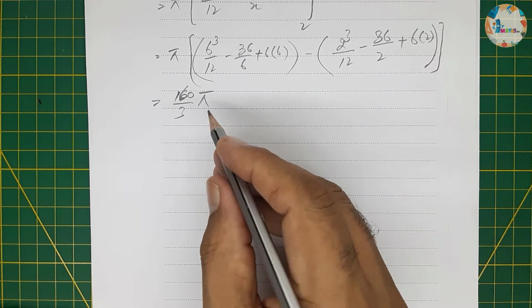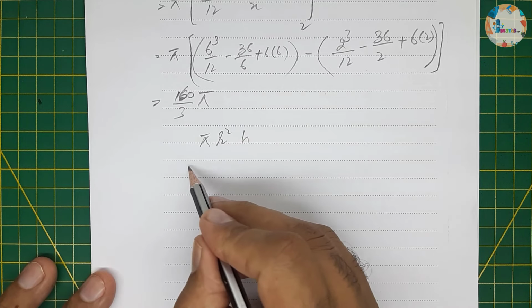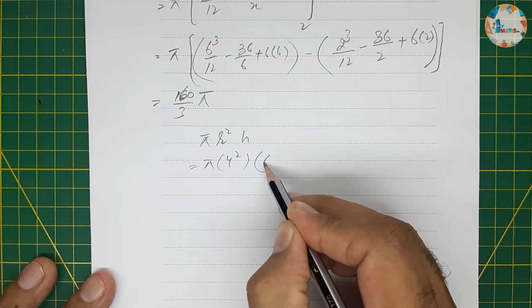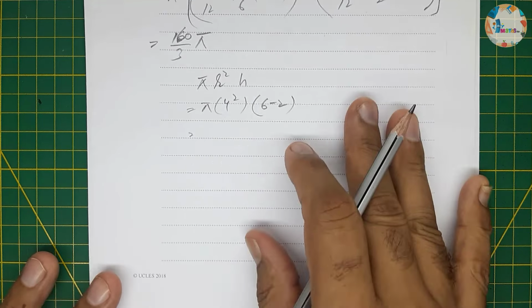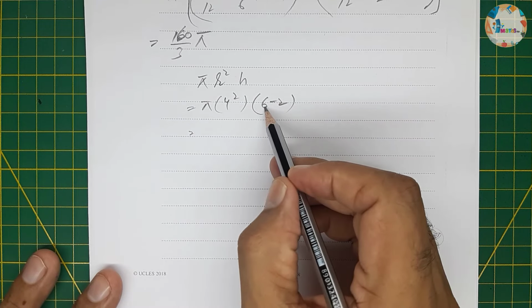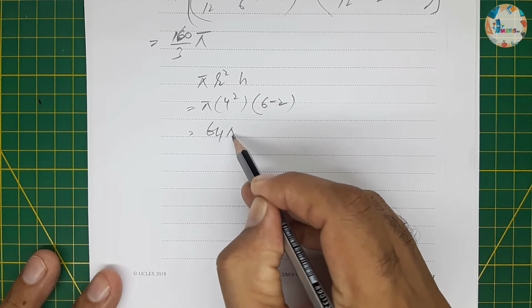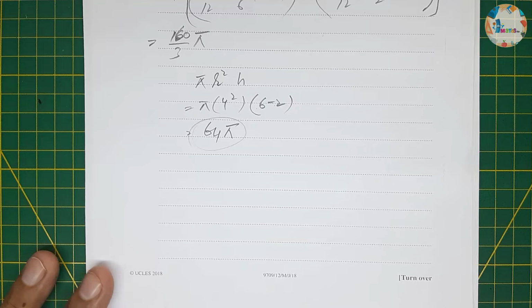So pi r squared h is pi times 16 times 4, which is 64 pi, and this is basically the total volume of this one.